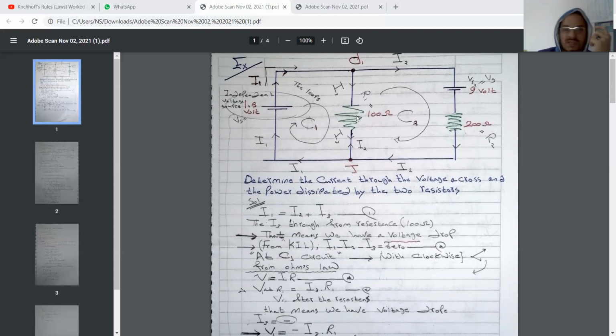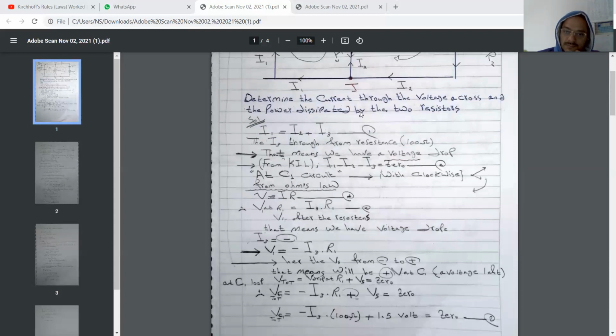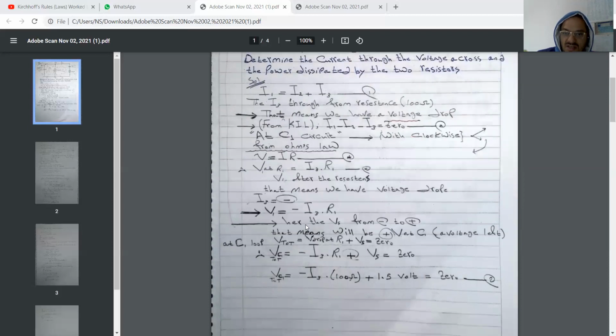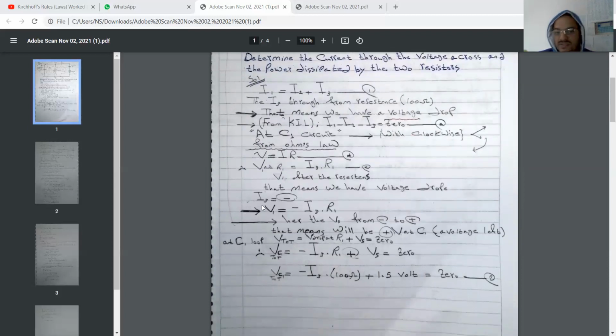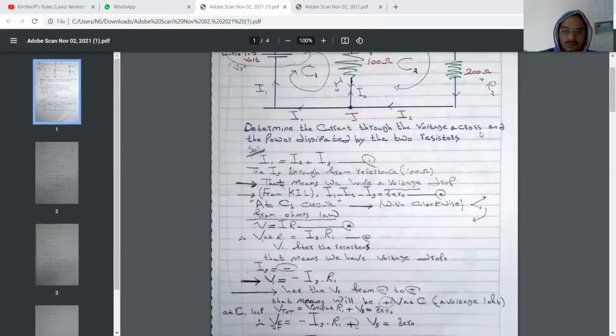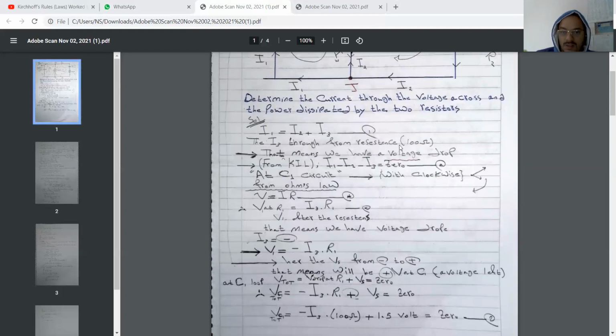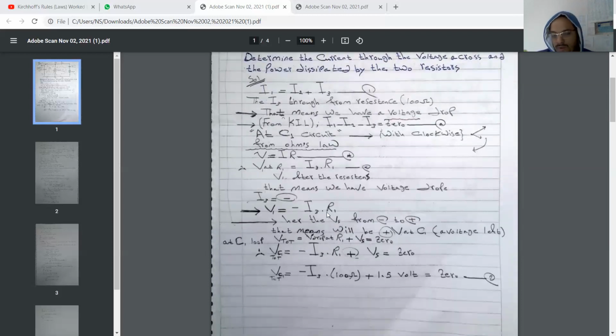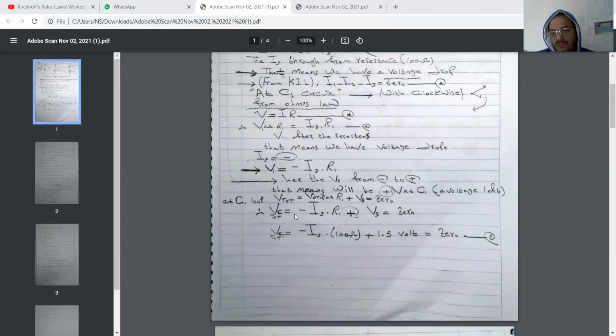But here the voltage at R1 will be negative because, like I said before, we have a voltage drop after the resistance. The same situation applies to the voltage at resistance 2. So V1 equals minus I3 dot R1, which means we have a voltage drop.